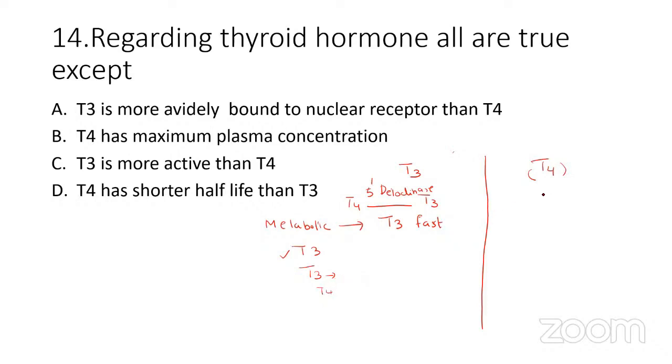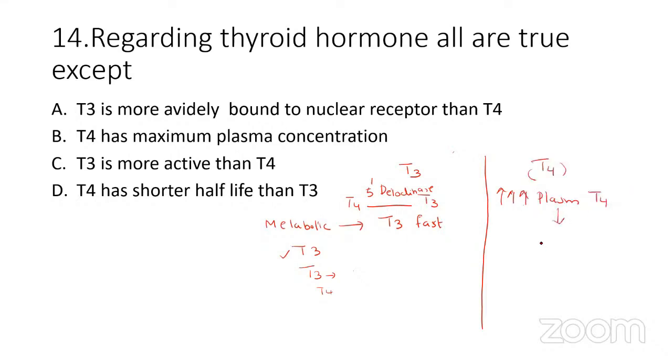but the maximum plasma concentration is for T4, and it is converted to T3 peripherally. That is a peripheral conversion by deiodinase. So maximum plasma concentration is for T4.